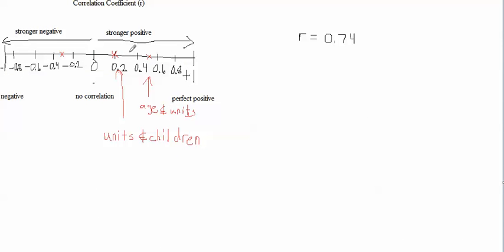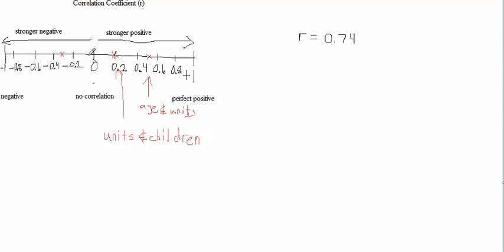So for example, negative 0.70 or negative 0.7 would be stronger than positive 0.3, because negative 0.7 is further from zero and positive 0.3 is closer to zero.